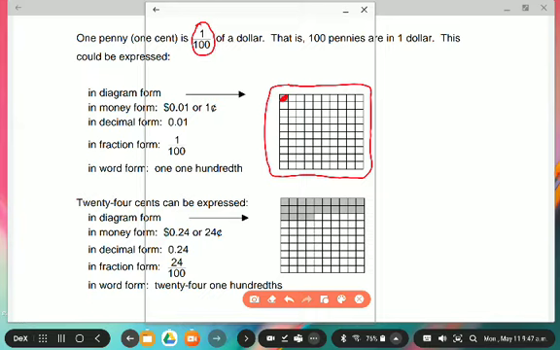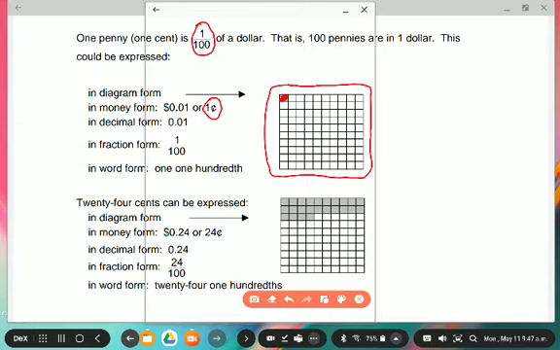So that would be our diagram form, just one block of these out of a whole 100. In money form, one of those blocks equals only 1 cent or 1 penny.